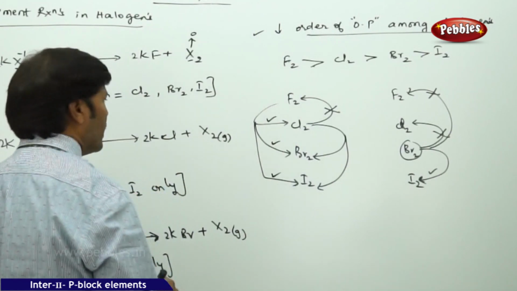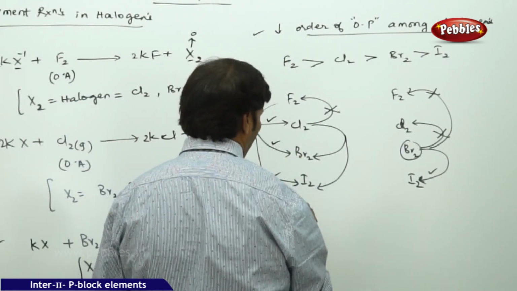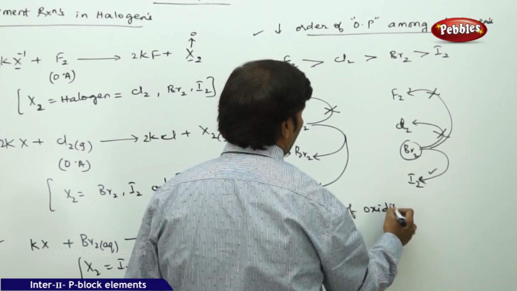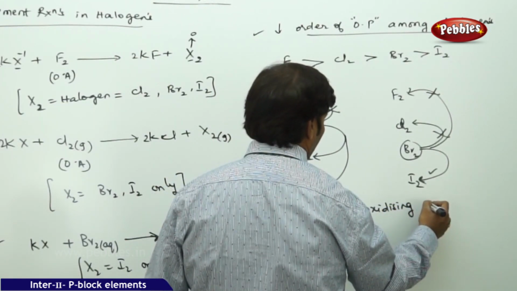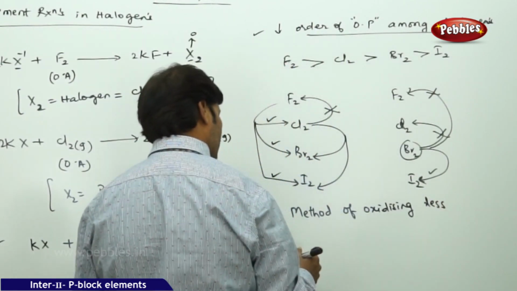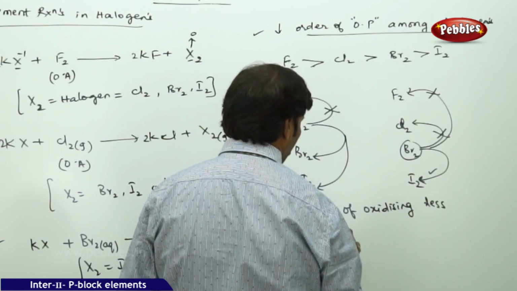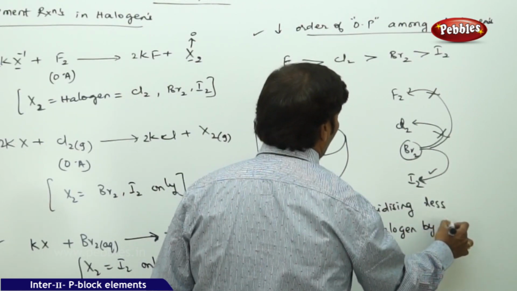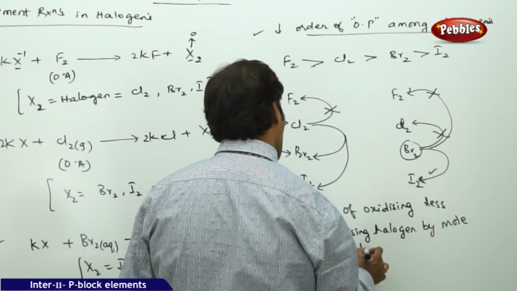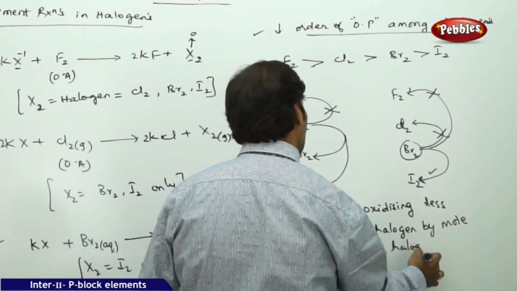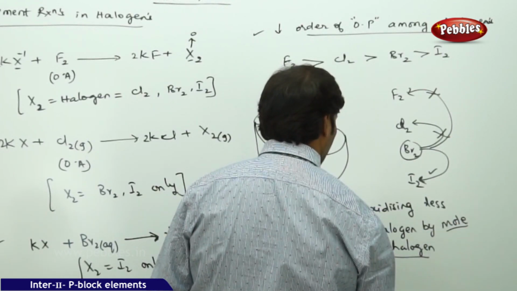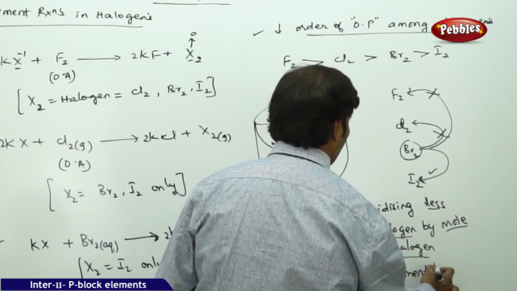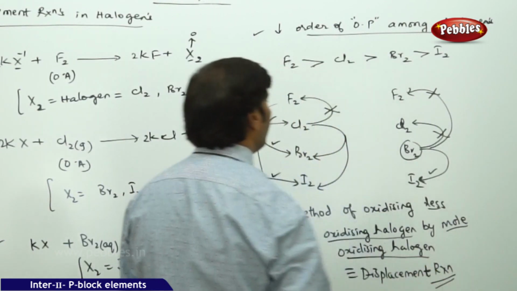So this method of oxidizing a less oxidizing halogen by a more oxidizing halogen is called a displacement reaction.